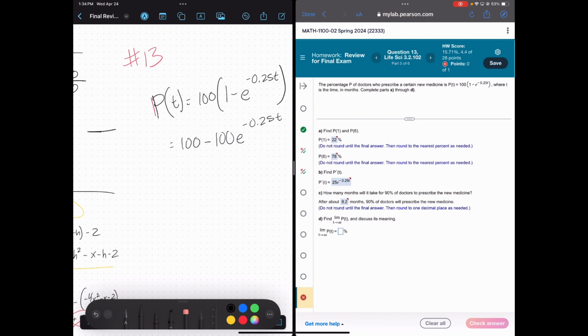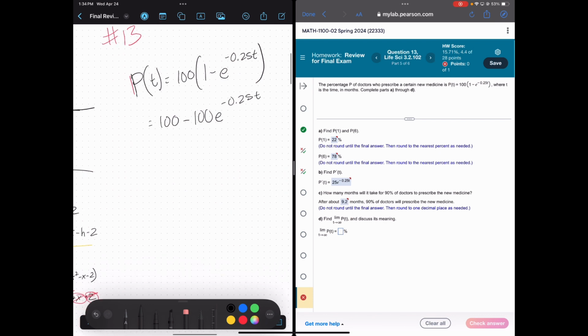What's my derivative rule for these exponential functions? I have a constant up there with my variable, right? I have a constant times t. What am I going to do with that constant if I take the derivative? Bring it down.